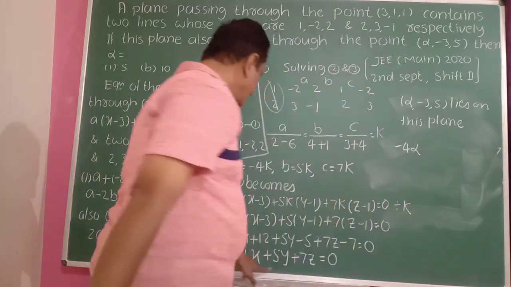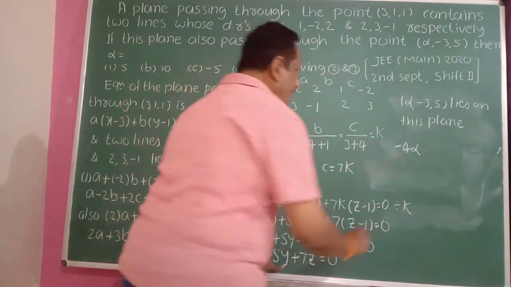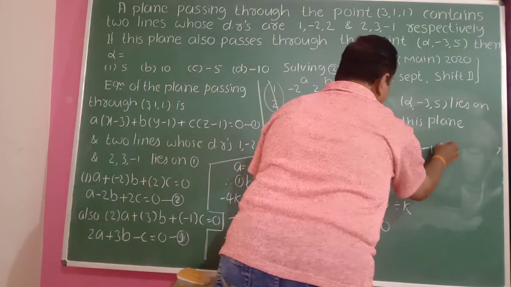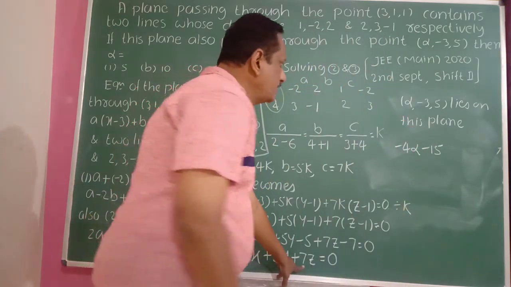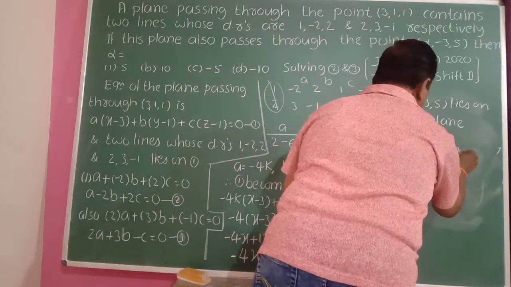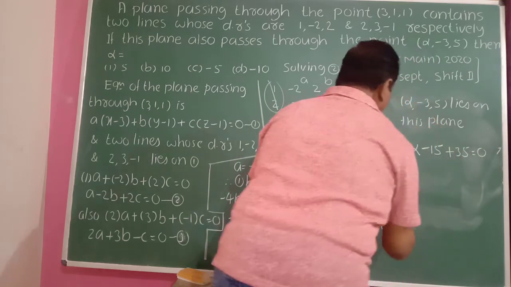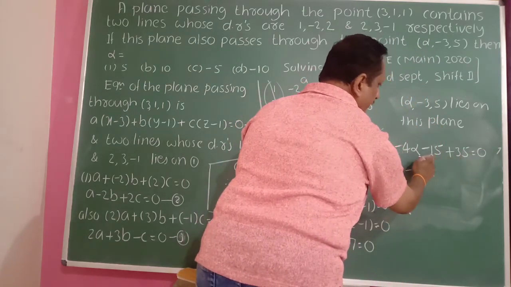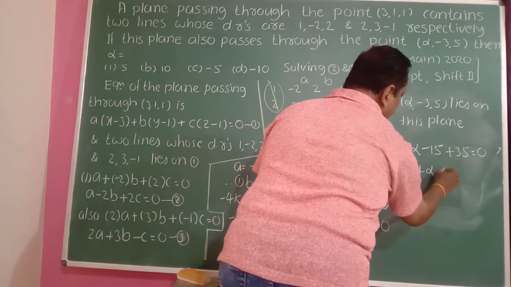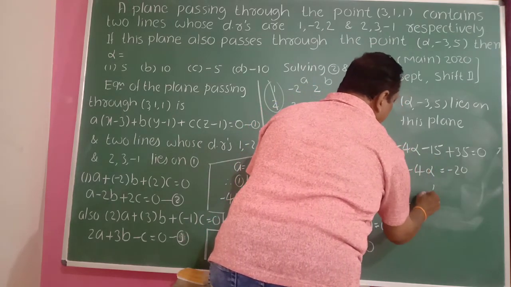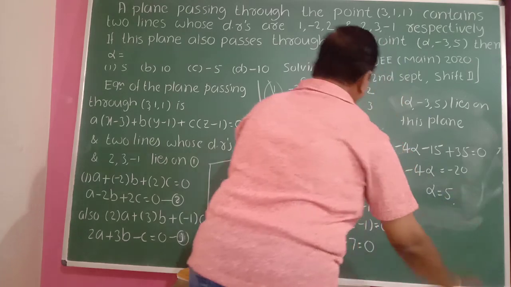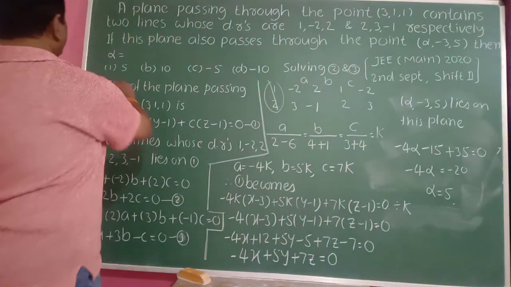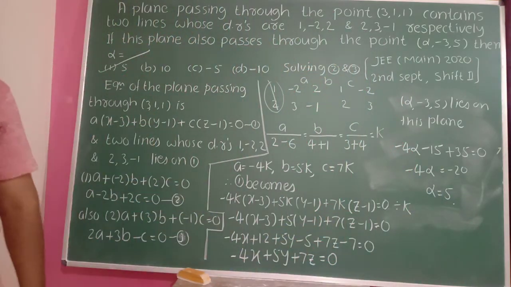Replace y by minus 3: 5 times minus 3 is minus 15. And 7 times 5 is 35, so plus 35 is equal to 0. So minus 4 alpha, and 35 minus 15 is 20. Take 20 to the right hand side: minus 20. Therefore alpha value is 5. Therefore first option is correct here. Alpha is equal to 5.